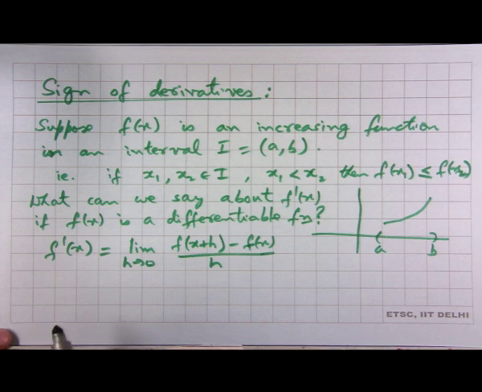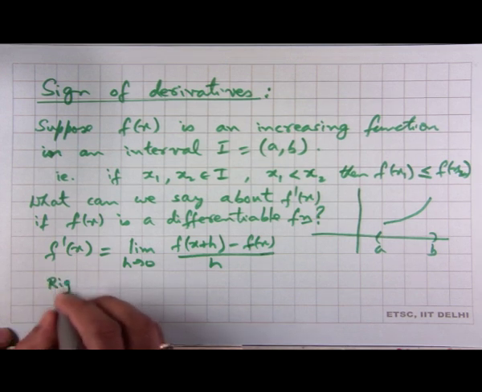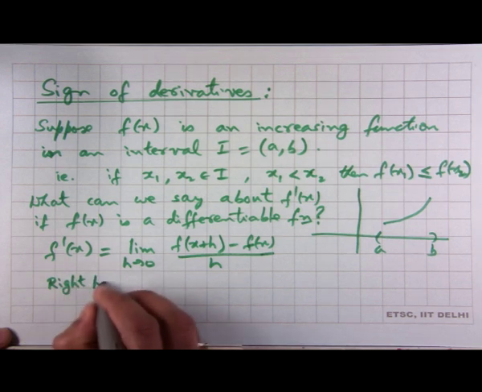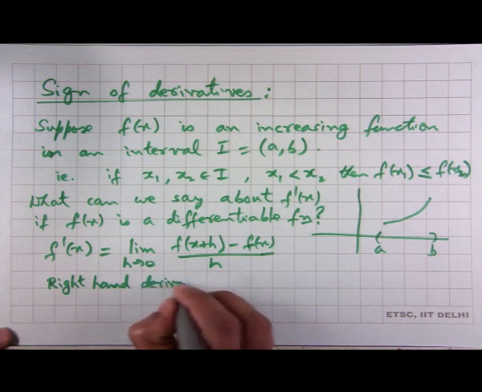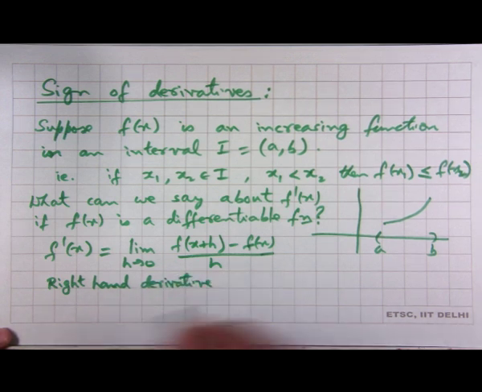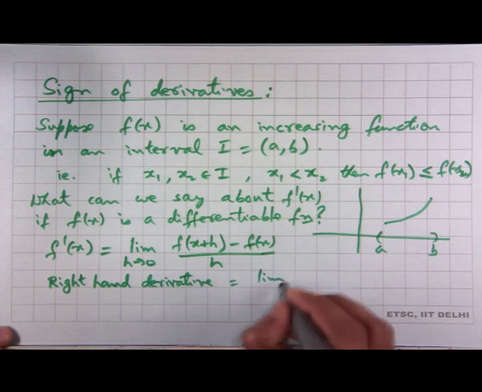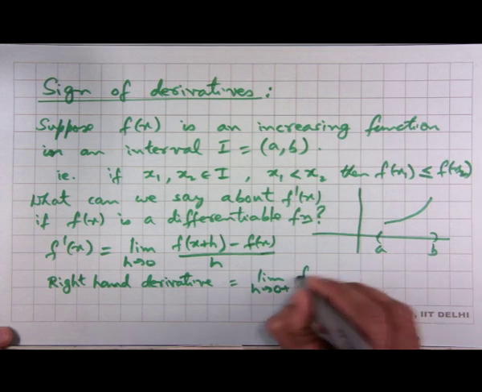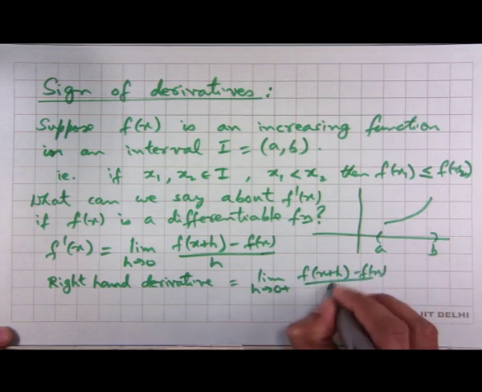So, if we look at the right hand derivative, this is equal to the limit of h approaching 0 from the right of f of x plus h minus f of x by h.